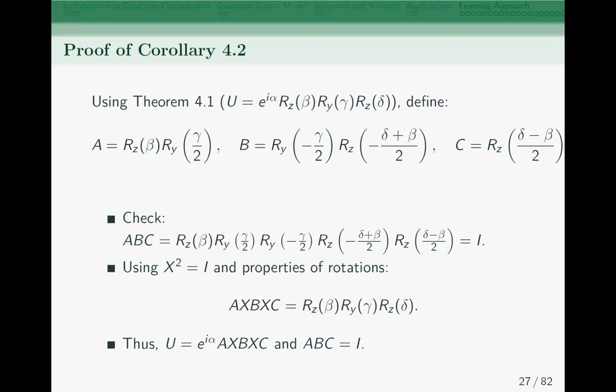You can see the magic for Z. This is beta phase, and these are Y and Y, right? So these are gamma divided by 2, gamma divided by 2, combined they become a single gamma. And for these two, this delta is the same, but beta cancels, right? So you get Rz delta. So you get Rz with beta, Ry with gamma, Rz with delta, which is beta, gamma, and delta, with X suffix.